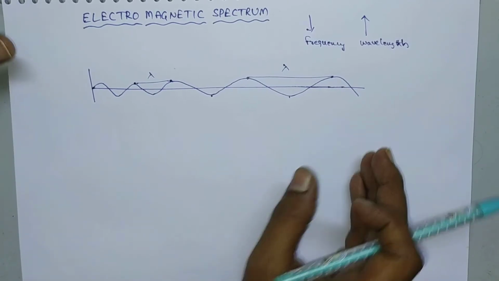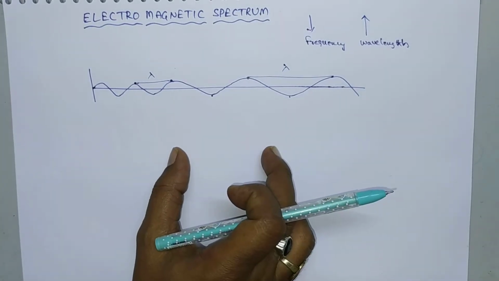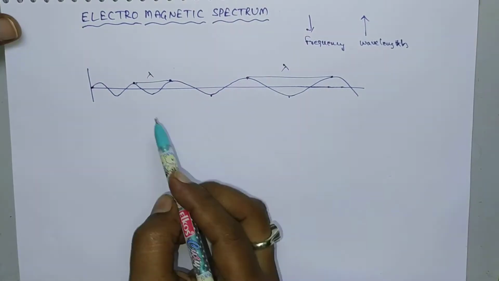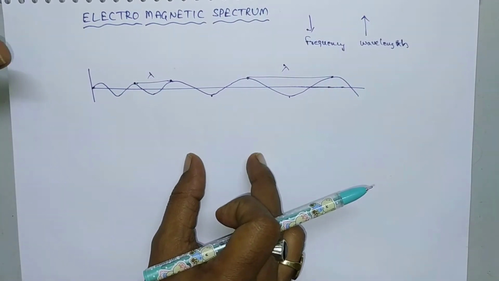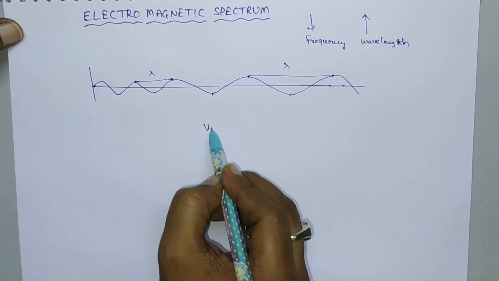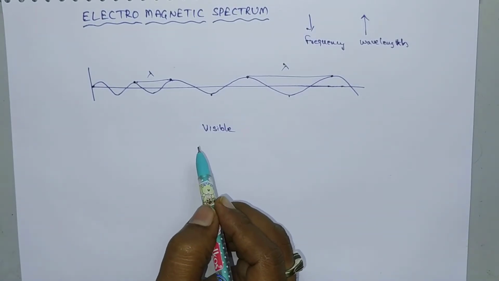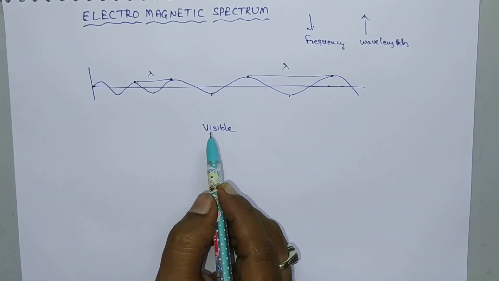Now let us check the different wavelength ranges of these electromagnetic radiations and the different types. At the middle portion of the electromagnetic spectrum, we have visible radiation, which is visible to our naked eye.